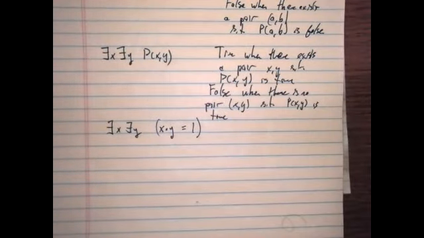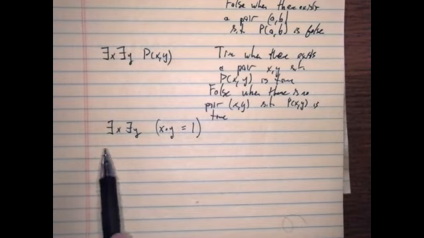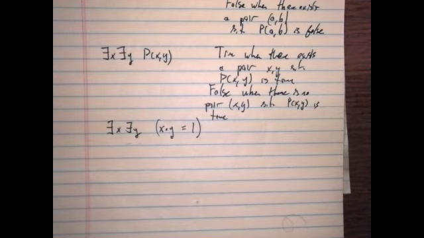This probably isn't the best one to illustrate what's going on here, but are you okay with reading out what this statement says? Yeah. So is this a true statement or a false statement?